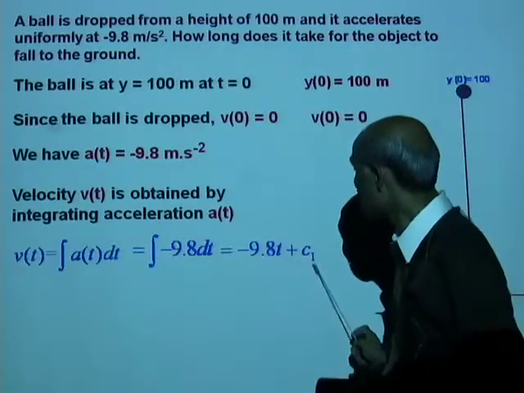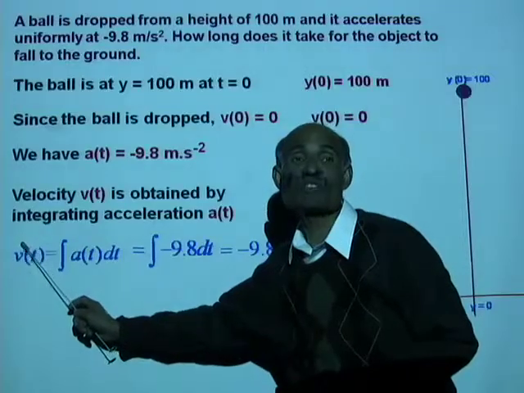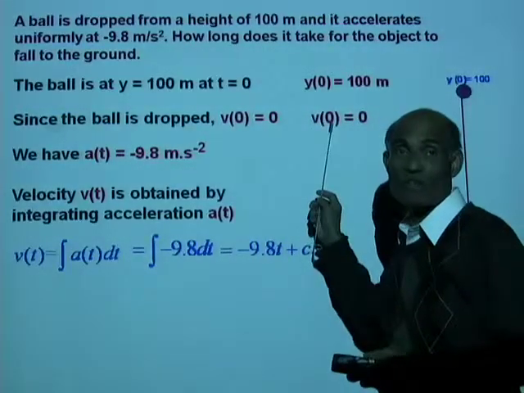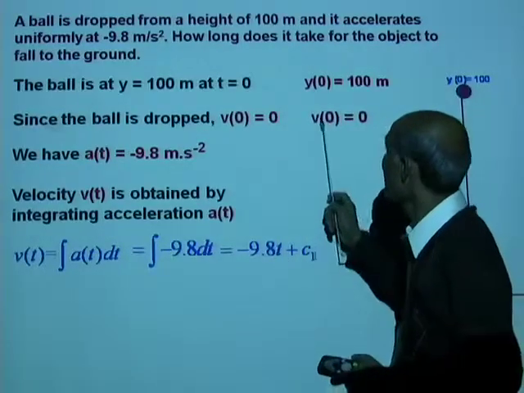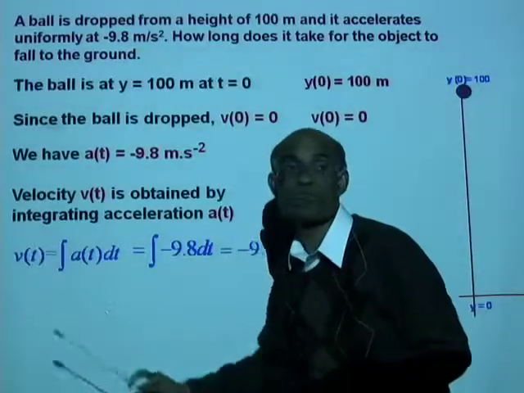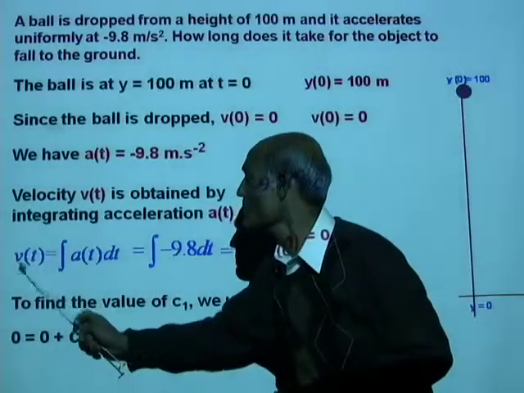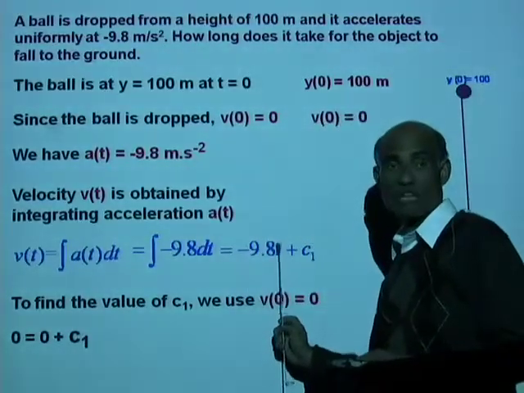Now, how do you find this C1? Well, we can find the C1 because you know the velocity at a given time. There you go. When t equal to 0, the V is 0. Therefore, we say 0 equal to 0 plus C1. I hope you understand here.